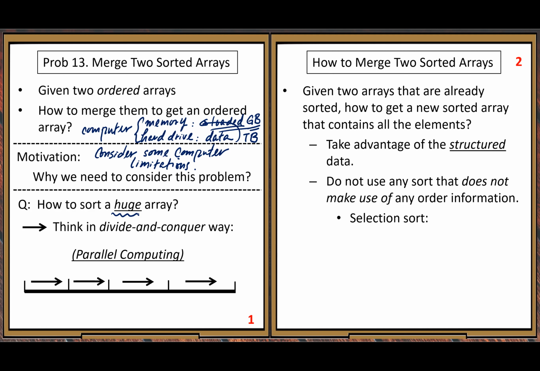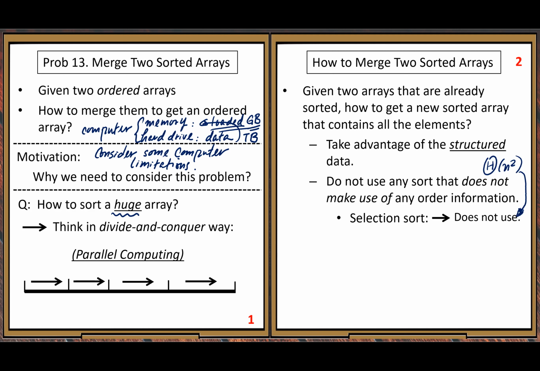The answer is no. Even if it is ordered, for the selection sort you get big theta of n squared.